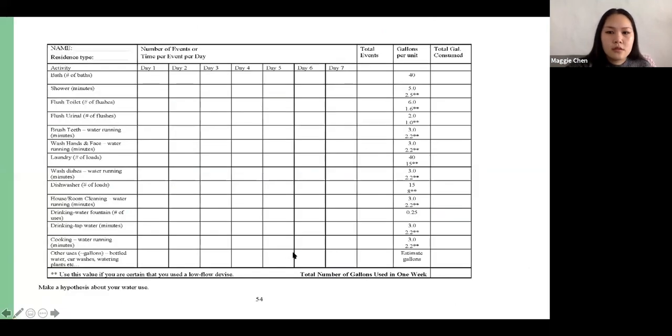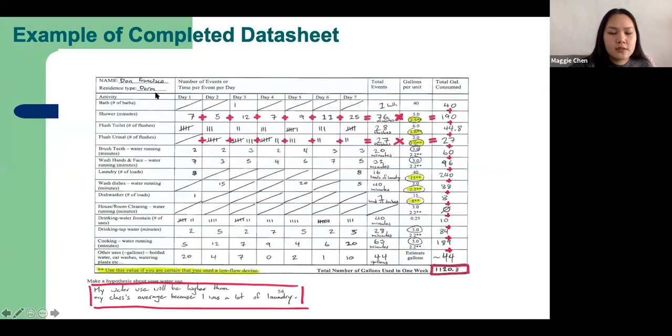It's going to look like this, blank. So how you can fill it out: as an example, you can put your name at the top and the residence type that you're in, either a dorm, an apartment, a house, or a shared apartment, something like that. There are different water use activities that you're going to be recording.